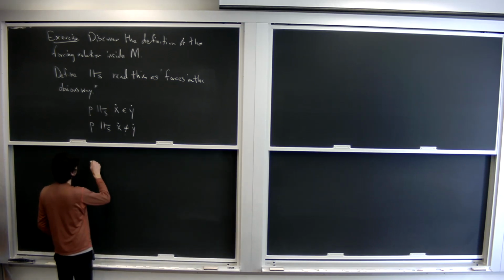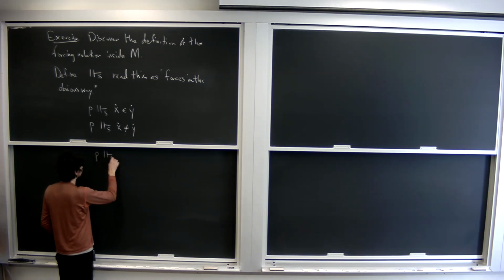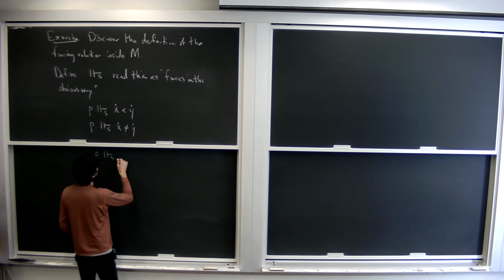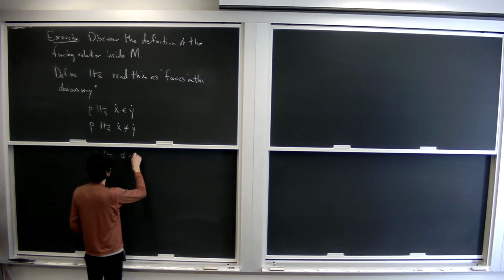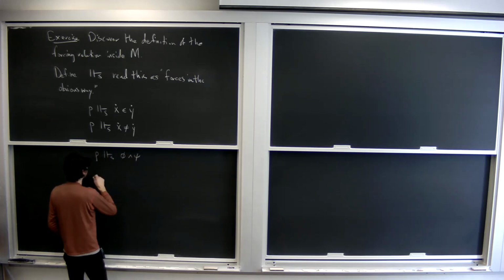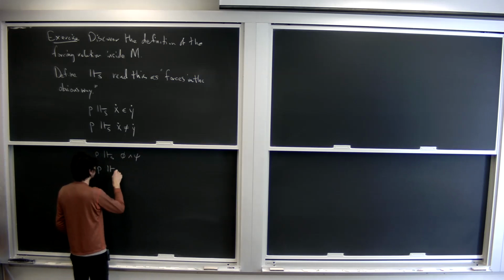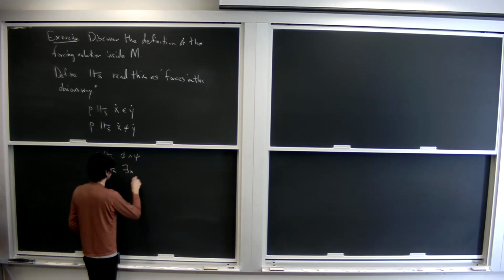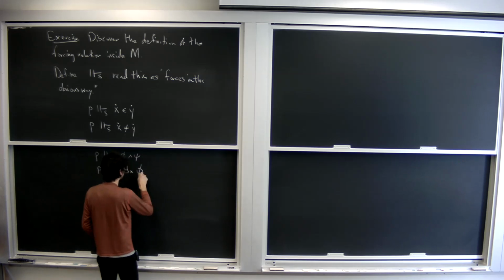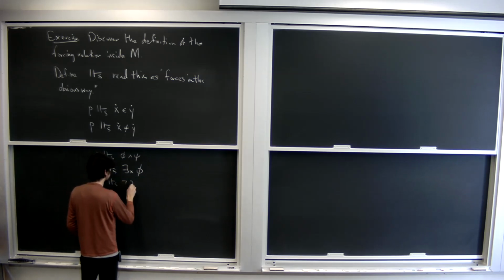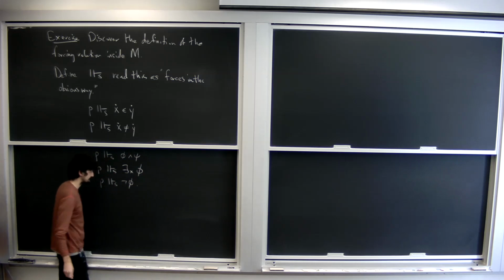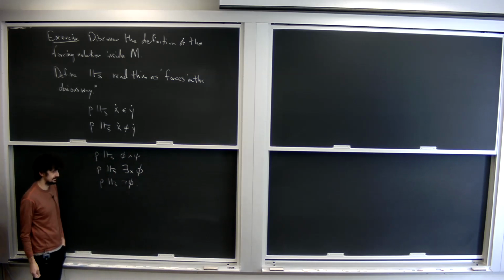All right, and then the rest of the things that you need to define are, you know, something like conjunction and something like the existential quantifier, and I guess negation. Okay.